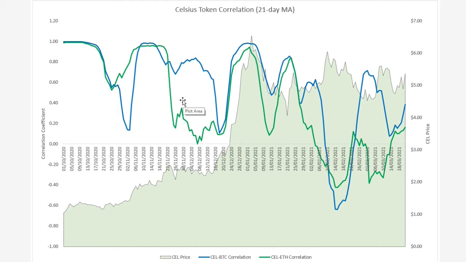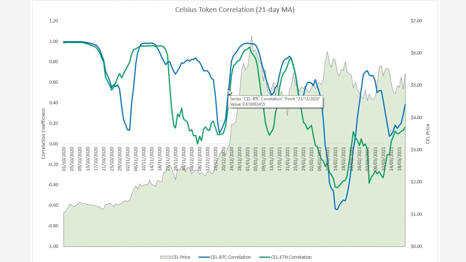As that timeline came closer, and also after it closed, the ETH premium moved up significantly. Hence Bitcoin is more correlated to CEL, because Ethereum was just going on its own trajectory.